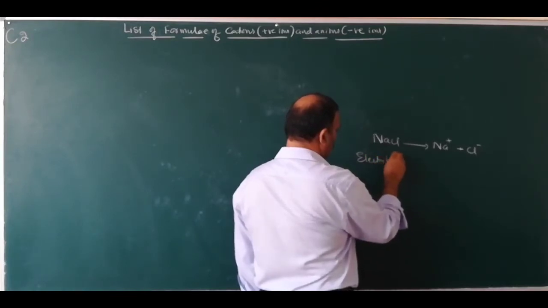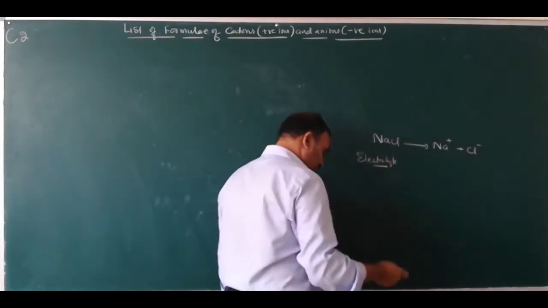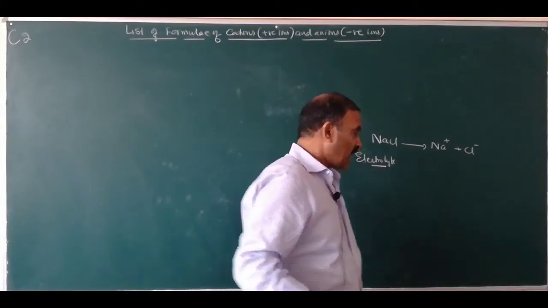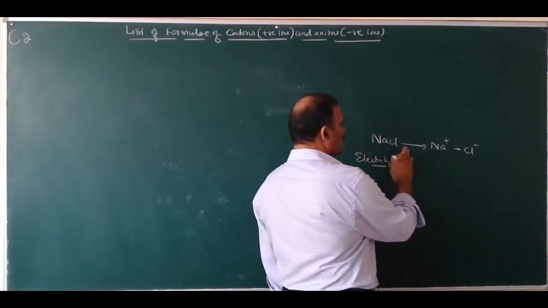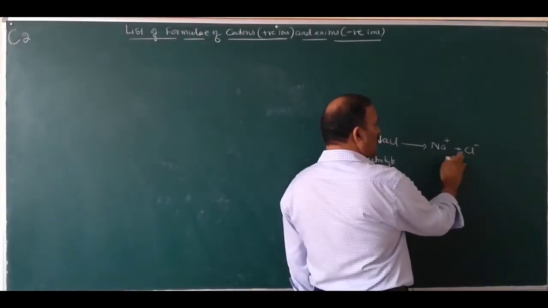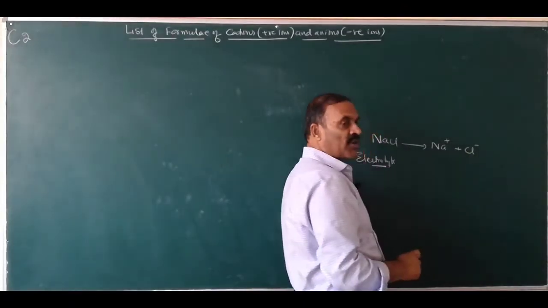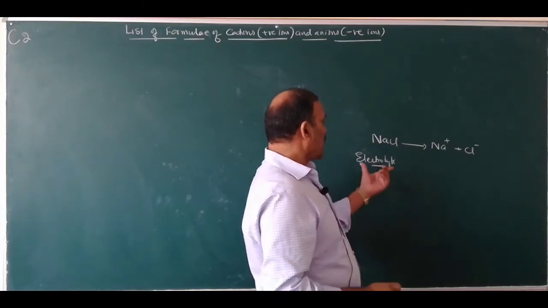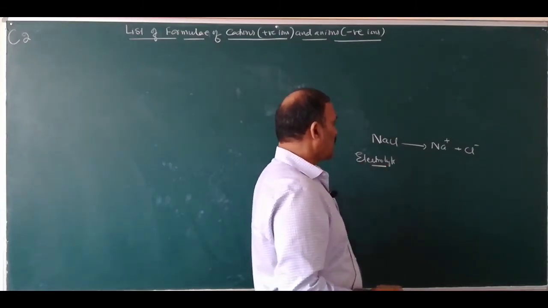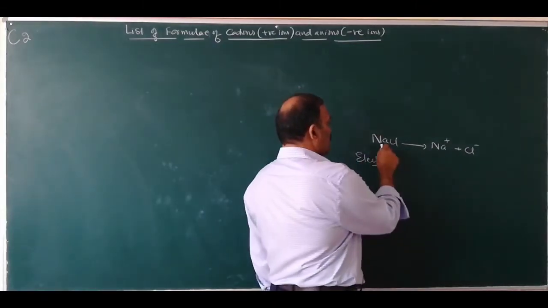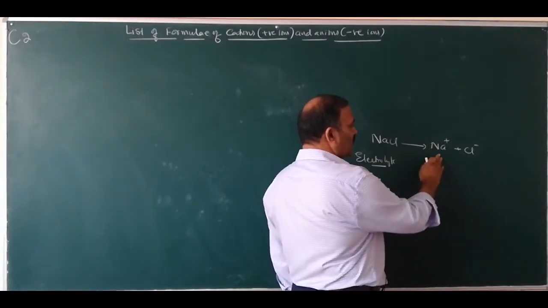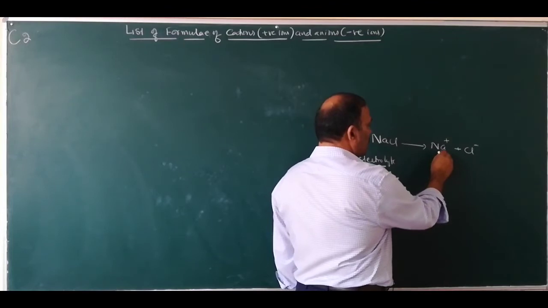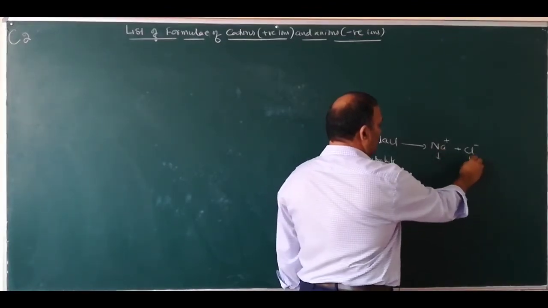Electrolytes are substances which, when dissolved in water, split up into two or more electrically charged particles. When sodium chloride is dissolved in water, it splits up into a positive ion and a negative ion.